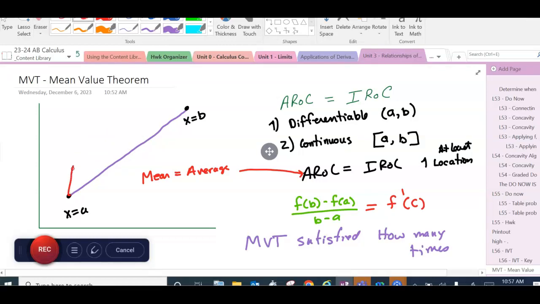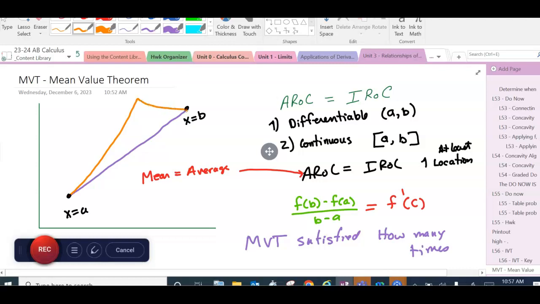What if we had that graph? Hopefully you can see. Now we're looking at 1, 2, 3. But the mean value theorem doesn't guarantee anything if we have, let's say, a cusp.